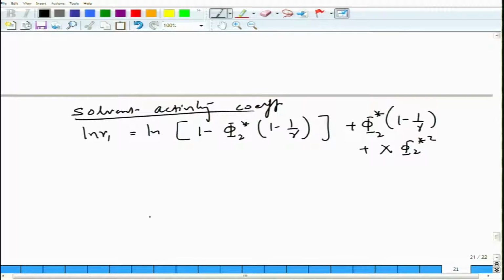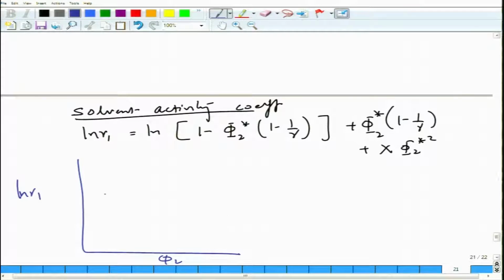Now, if you would like to see how this is going to be affected by the segment length, we can directly use this for some given chi parameter. So this is typically the behavior of ln gamma 1 as a function of phi 2 for different r values. This is for the athermal case when we consider chi to be 0.